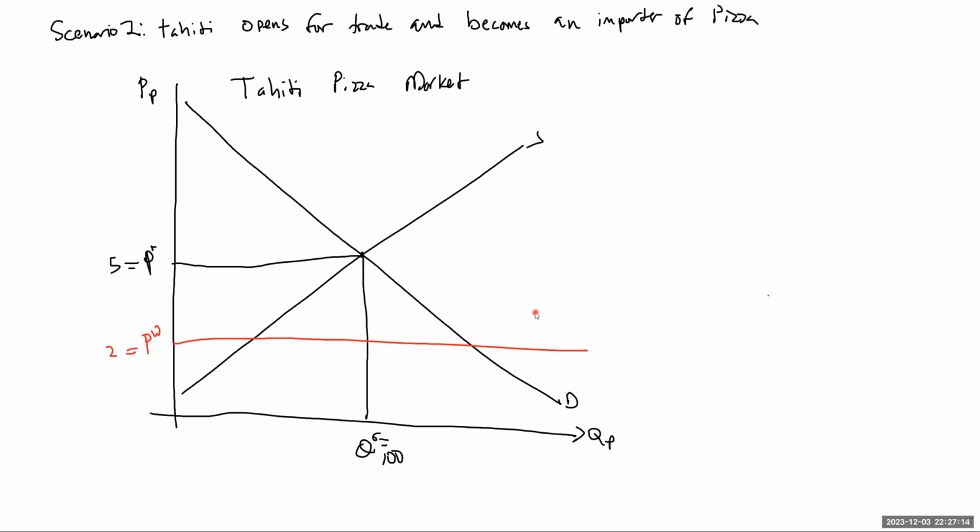Well, what's going to happen is some initial companies that planned early, let's say the US Domino's and the Mexican Pizza Hut, they come into Tahiti first.